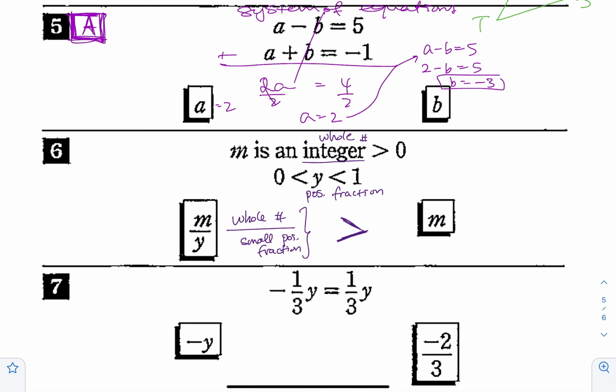And you can test it out by substituting in random numbers. If you make m equal to, let's say, 2, for example, and y equal to 1/2. When you do 2 divided by 1/2 for column A, that's really 2 times 2 over 1, so that's going to be 4, which is always going to be greater than the original m value of 2. So the answer here is A.